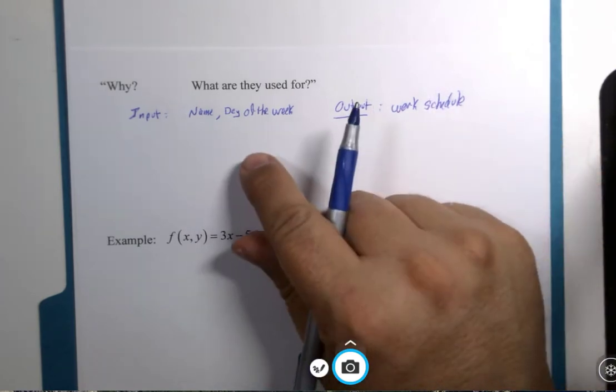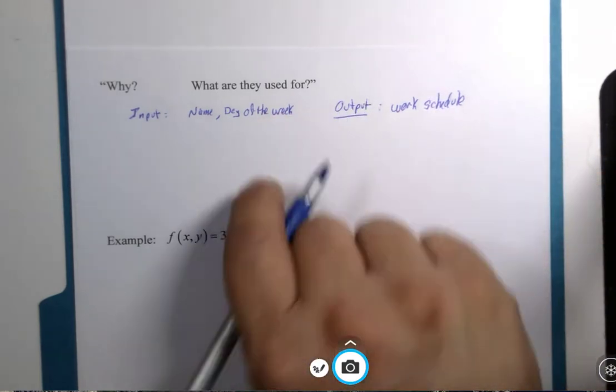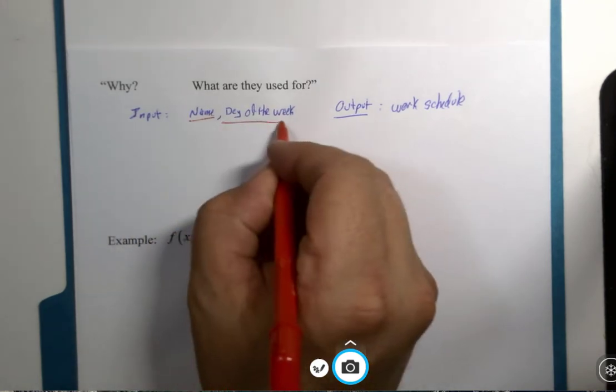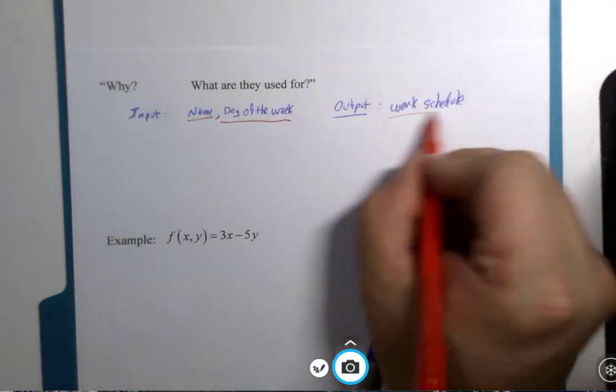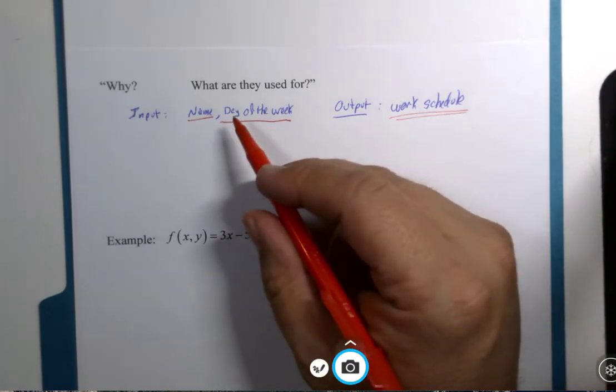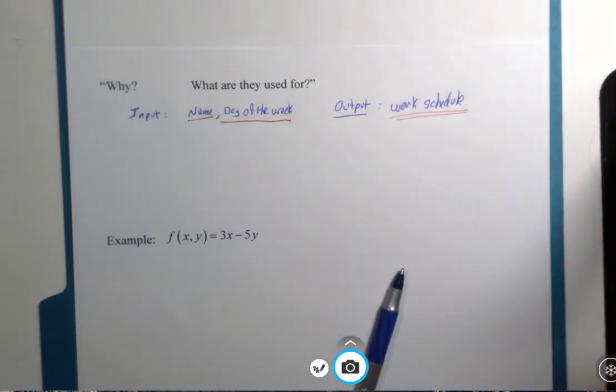It takes two things for the boss to know what to do. The boss needs to know who is it, what day of the week are we talking about. Okay, I can tell you your schedule if I know those two things.